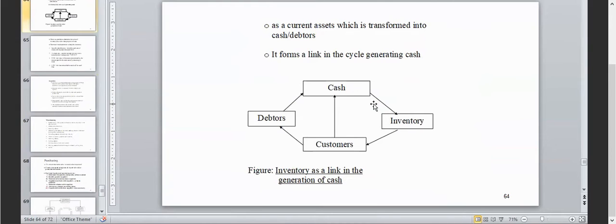The customer either pays using cash or becomes a debtor to the organization. But at the end, the debtor also will pay as cash to the company. So this is the cycle generating cash based on sales of inventory.